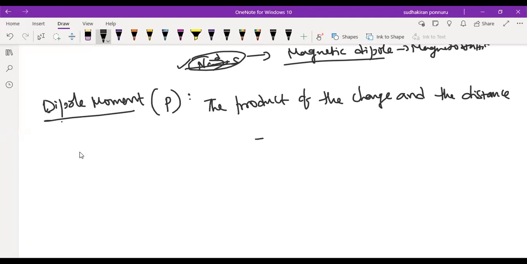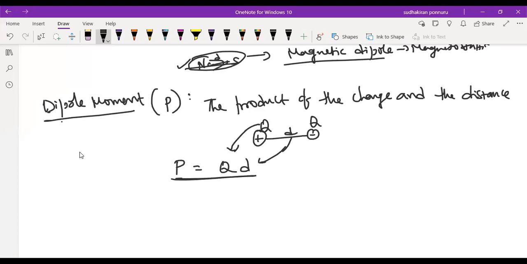So for a dipole having charge q and separated by a distance d, the dipole moment p is equal to the charge of the dipole, q, multiplied by the distance of the dipole, d. Dipole moment is equal to charge multiplied by distance, represented by small p.